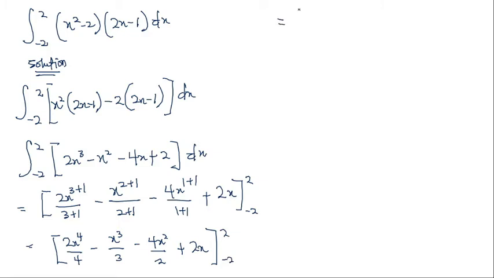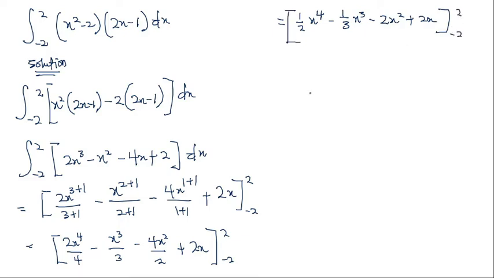So this is now equal to 2 on 4 will give me 1 over 2 x to the power 4, minus 1 over 3 x cubed. This will give me 2x squared plus 2x, still applying my limits.